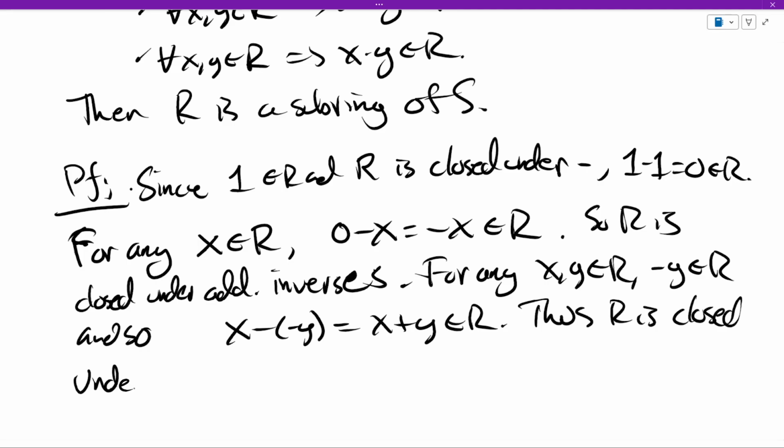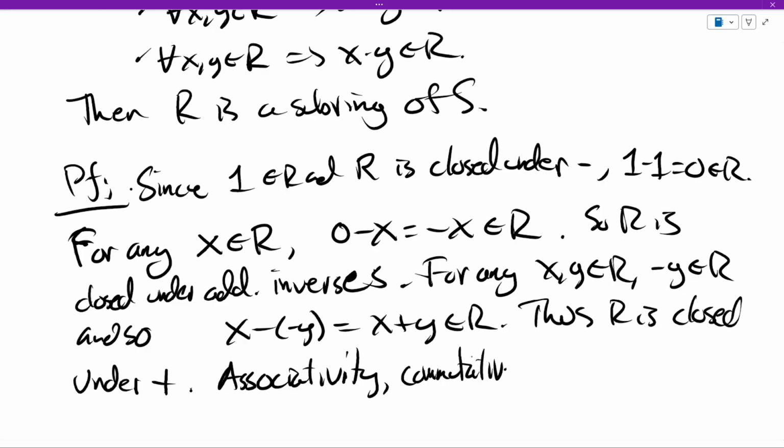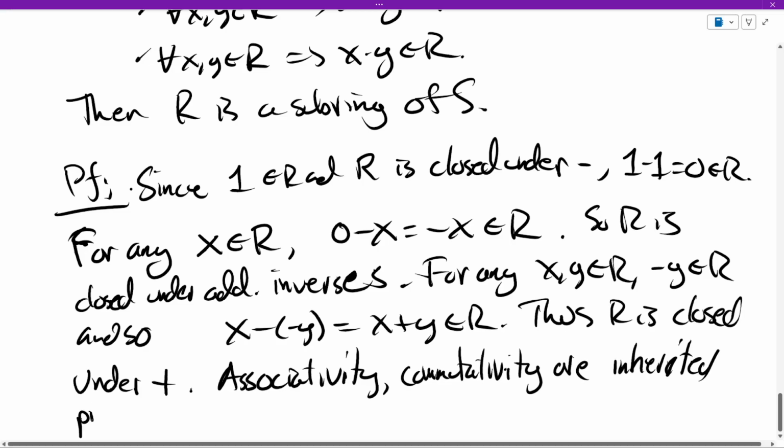And then to be a ring, what else do we need? Well, we need that the addition is associative, the addition is commutative, and we already checked that we have 0 for the addition and we have additive inverses. These are inherited properties.